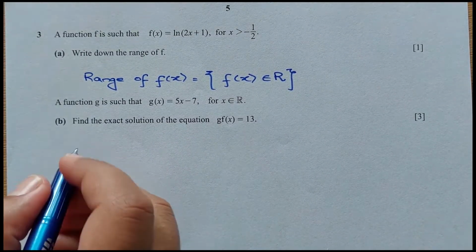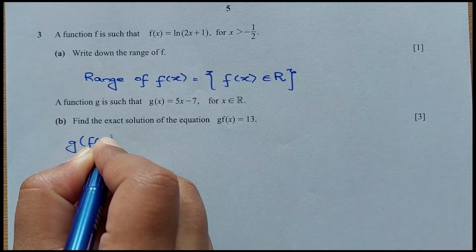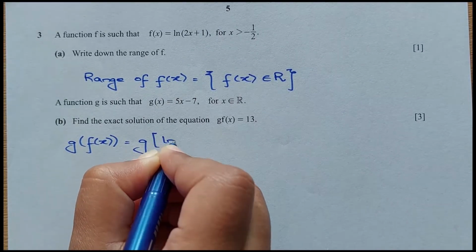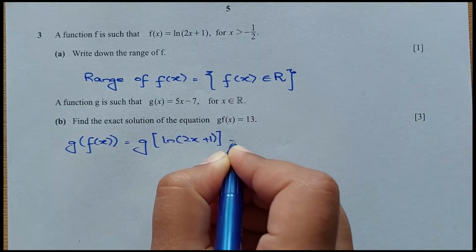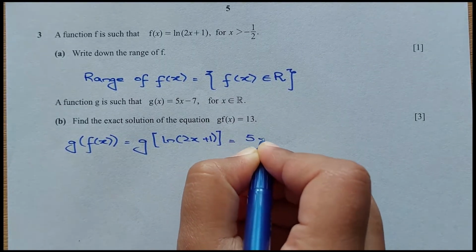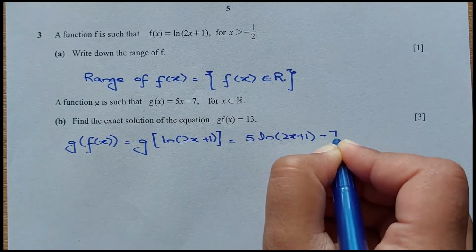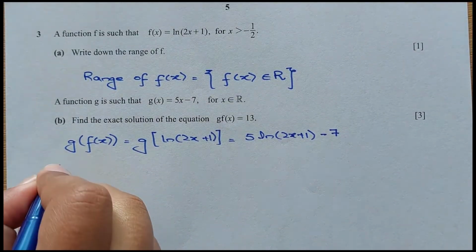First we need to find g f of x. g of f of x: f of x is ln of 2x plus 1, and g of x is 5 times x, so 5 ln of 2x plus 1, minus 7. Now put it equal to 13.